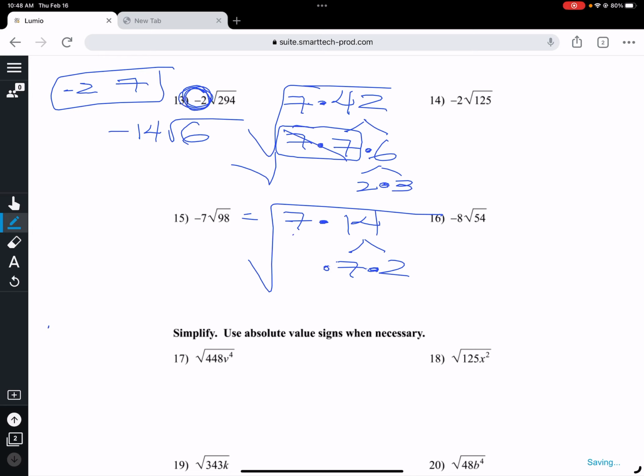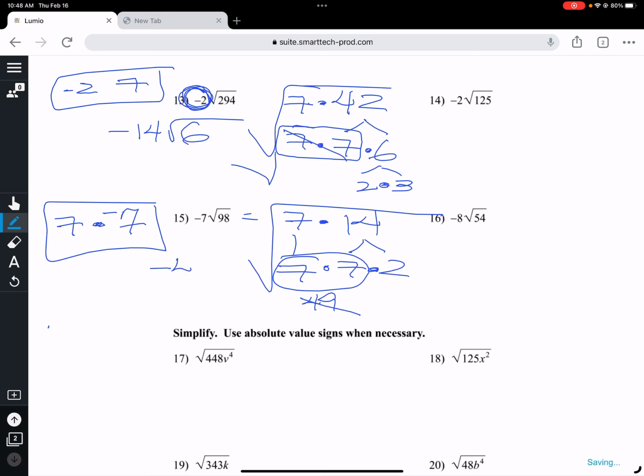And then look, we've got those 7s beside each other again, which equals 49, and that breaks down to a 7. And we already have a -7 hanging out in the playground. So what's our final answer for 15? -49 rad 2. Is this making sense?